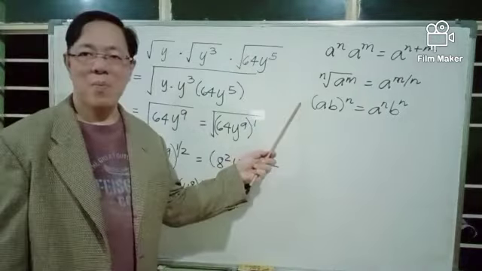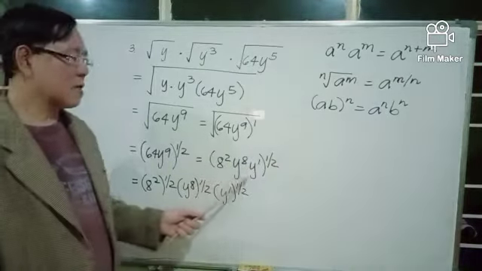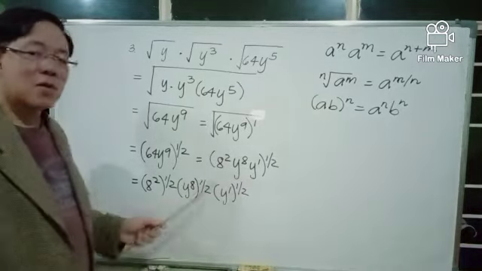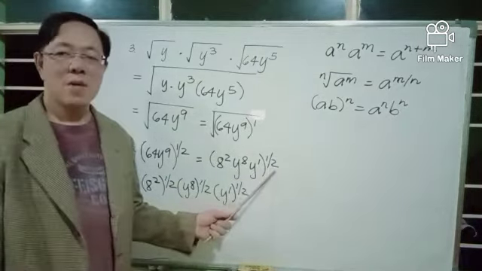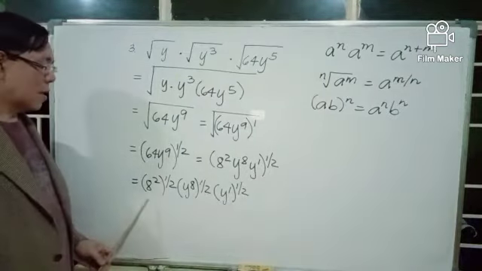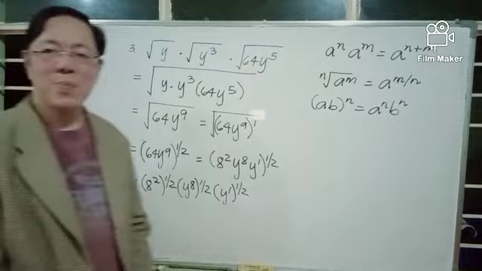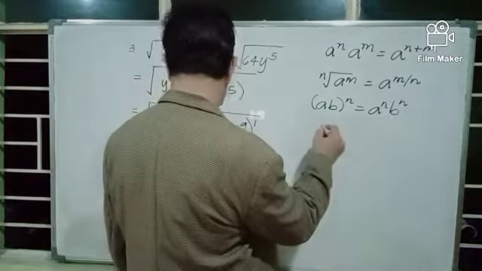In applying this property of exponent to simplify this expression, we raise each of these 3 factors to the same exponent 1/2. And to simplify each of these factors, we apply another property of exponent.